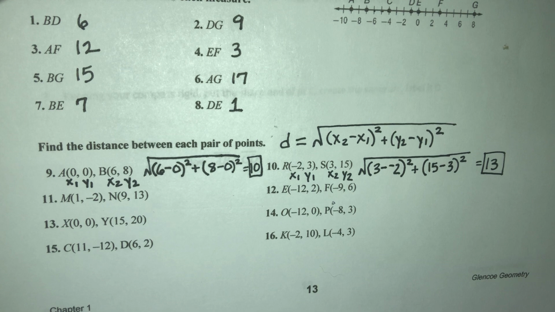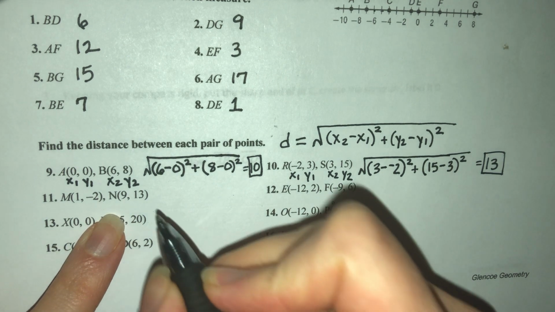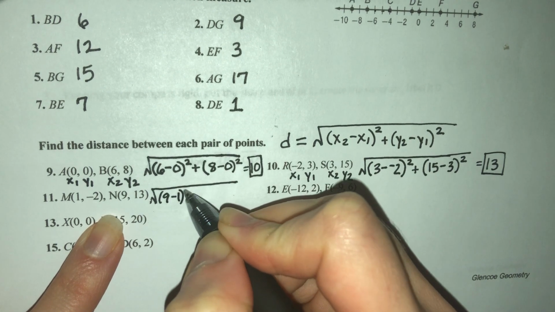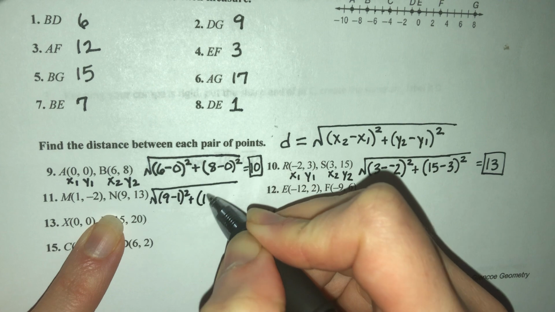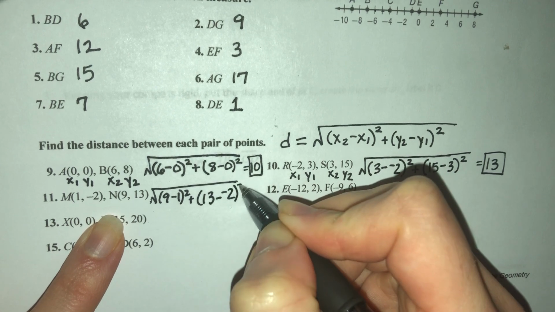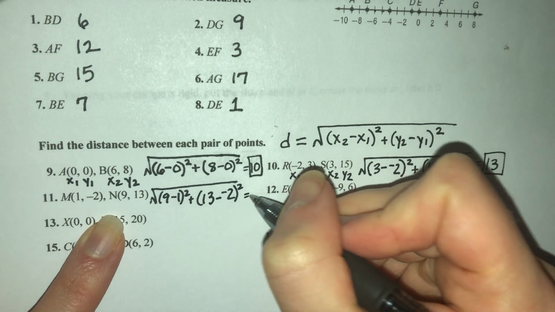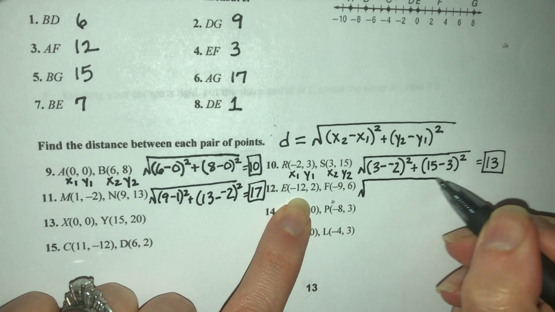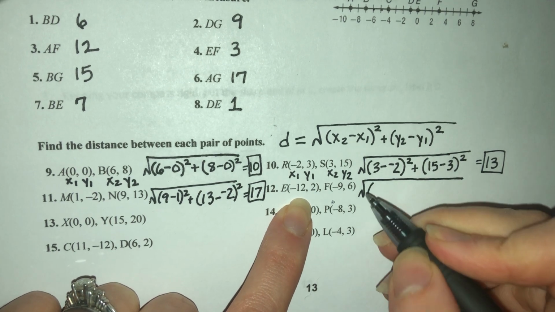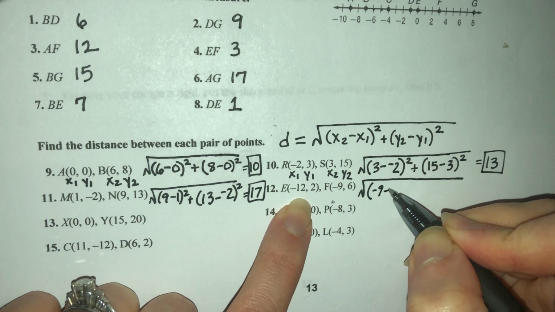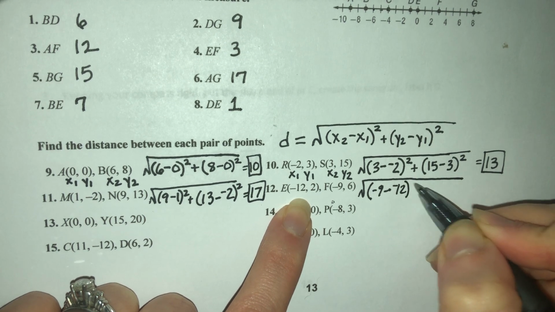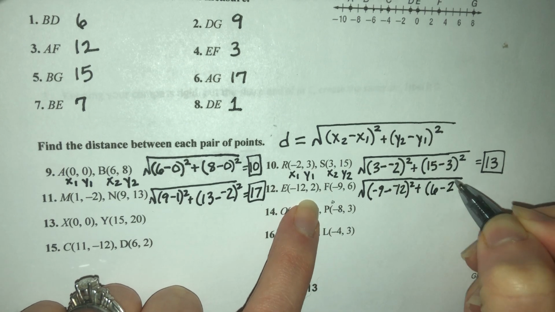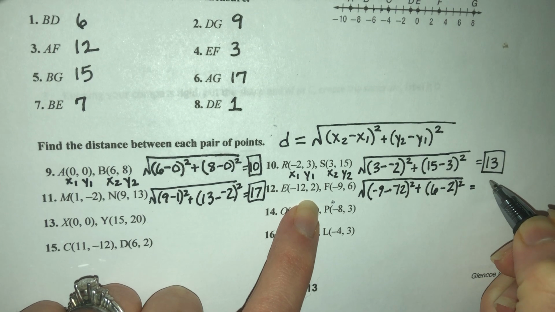Okay, so for number 11, you should have gotten the square root of 9 minus 1 squared plus 13 minus negative 2 squared, and that equals 17. For number 12, you should have had the square root of negative 9 minus negative 12 in parentheses squared plus 6 minus 2 squared, and that should have come out equal to 5.